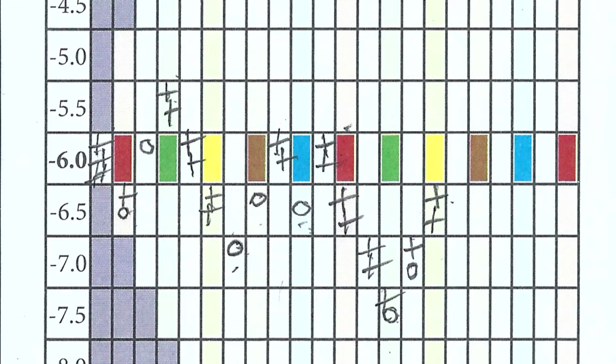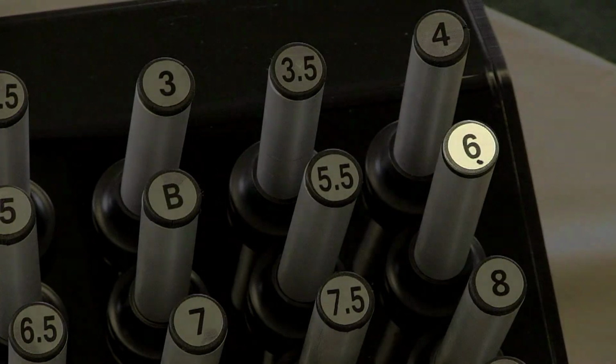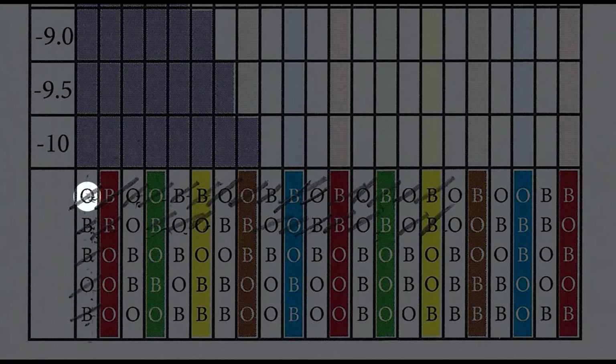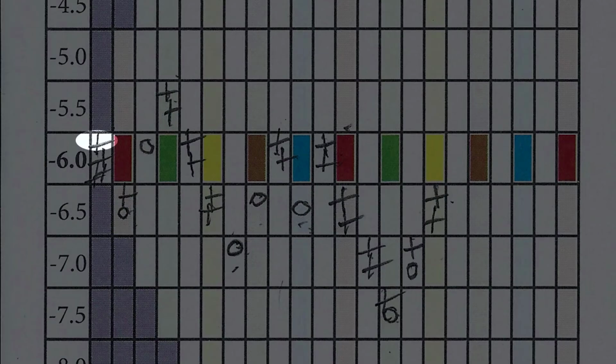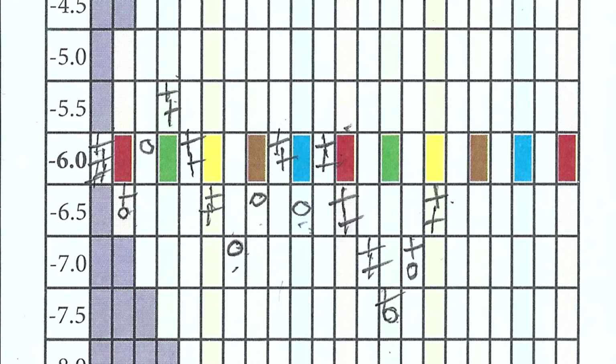So we started out at the 10 to the minus 6, which on this equipment is actually 6. We presented O, which means the odor first, and then the blank on the first trial. And the subject indicated that he thought the strongest odor was the first one, so he was correct. So we put a plus in here for a correct response. So the first trial had a plus.